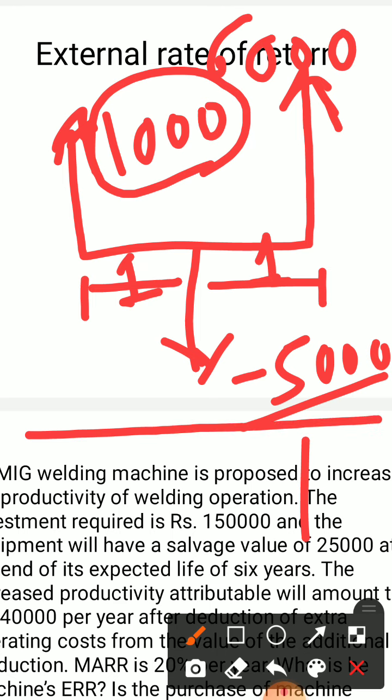This cash flow diagram represents a particular project, and in this project you will get rupees 1,000 initially.